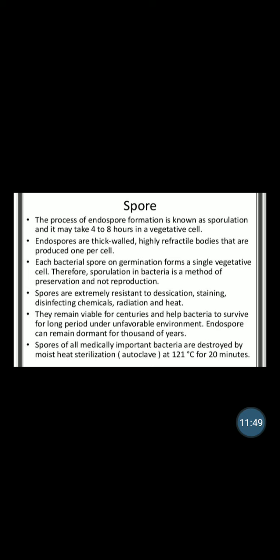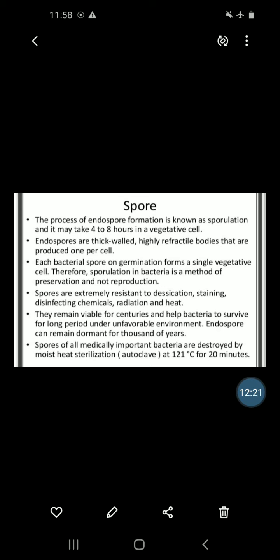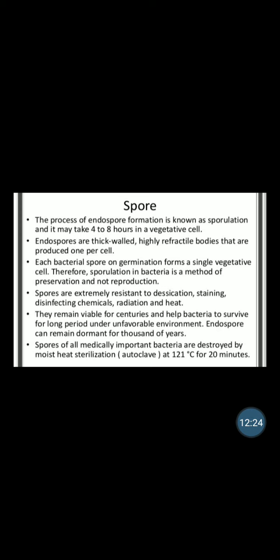Next, they remain viable for centuries, and it helps bacteria to survive for a long period under unfavorable environmental conditions. The endospore can remain dormant for thousands of years.